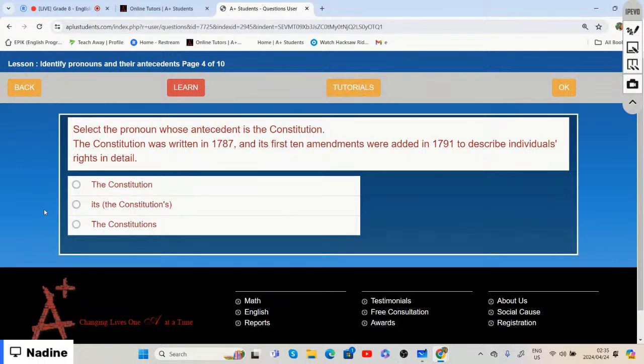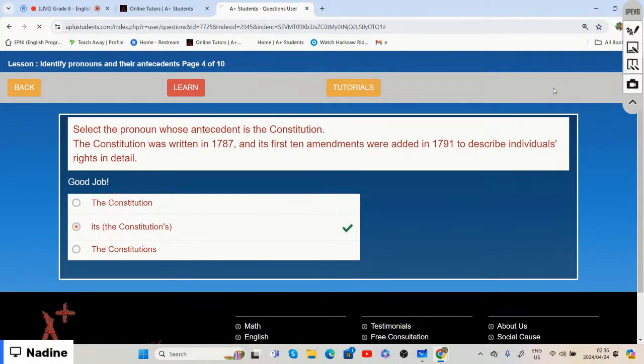If we were to select it, we can say it is "its," which refers to the Constitution.